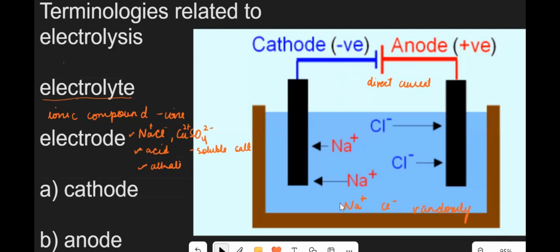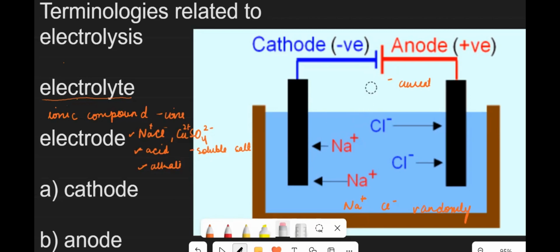They will align themselves in a particular direction only when we connect it to a DC supply. This is my DC supply, right? If we don't have this DC supply, then these ions are wandering around in the electrolyte. After this, we move on to the next terminology.